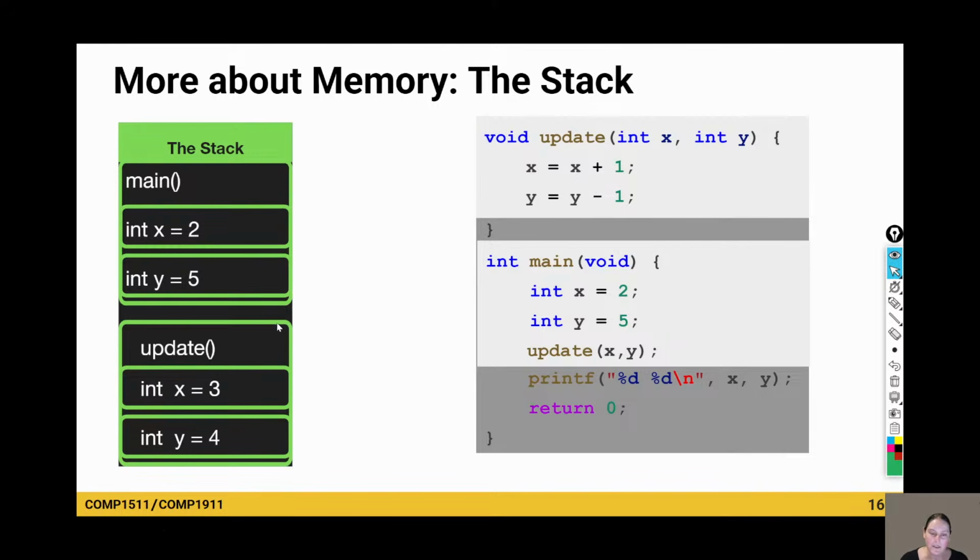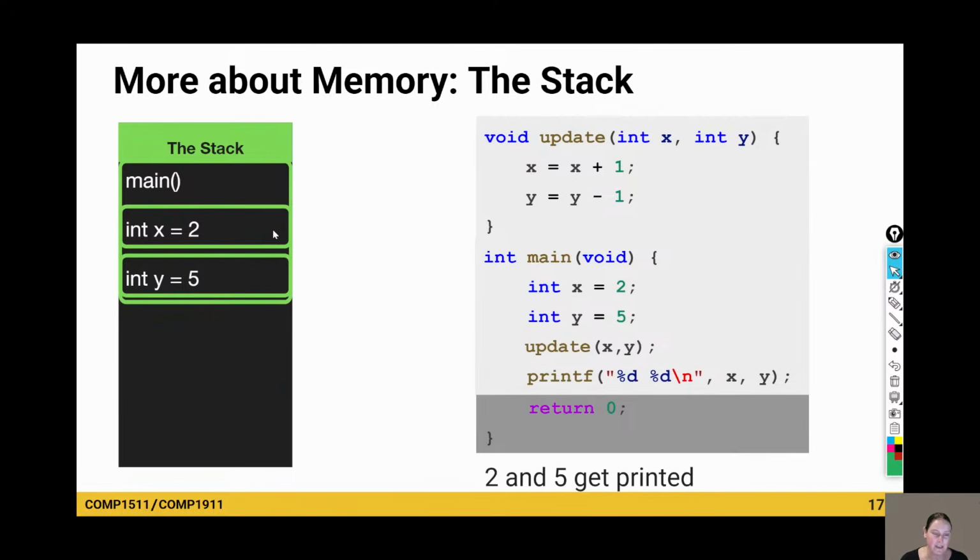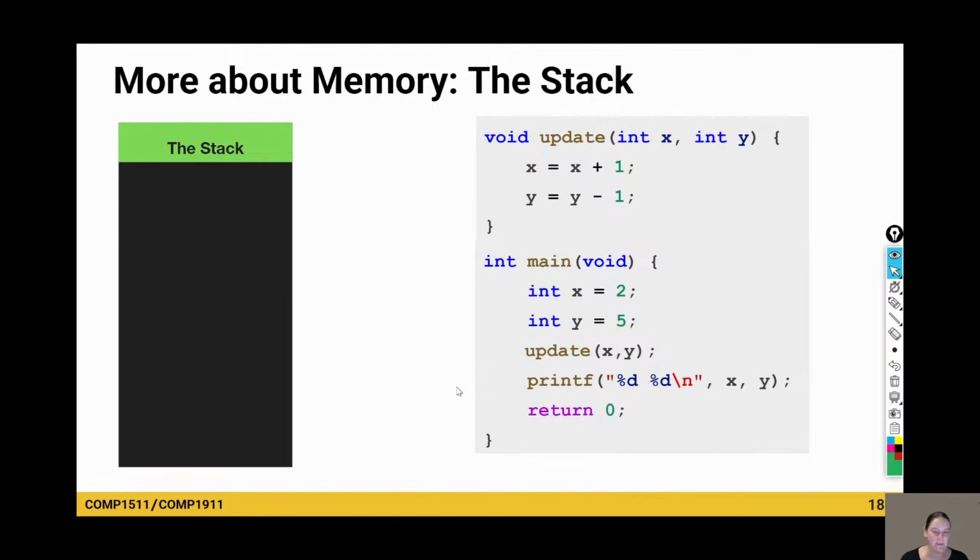Anyway, once we finish this update function, it gets popped off the stack and we're just left with our original x and y, and that function did not even touch them. They're just exactly as they were. So we still have 2 and 5. Then when the main finishes, even that gets popped off the stack, but then your program's about to finish anyway. So that's how the stack works.